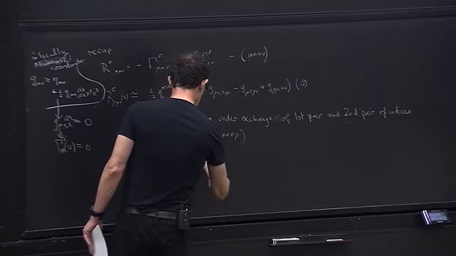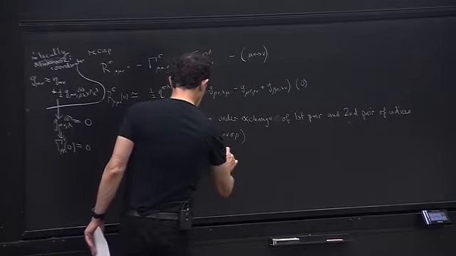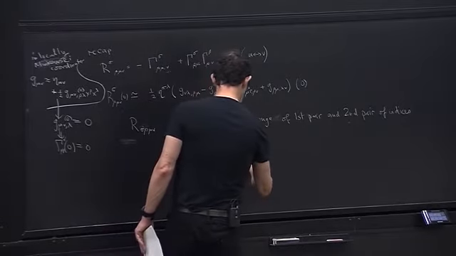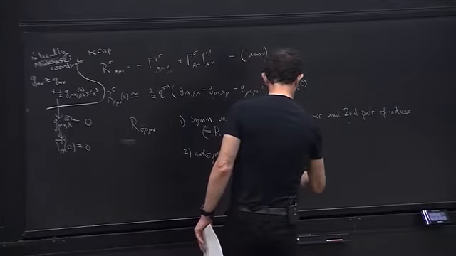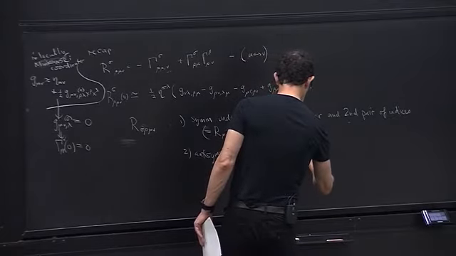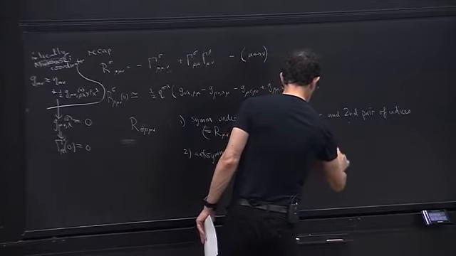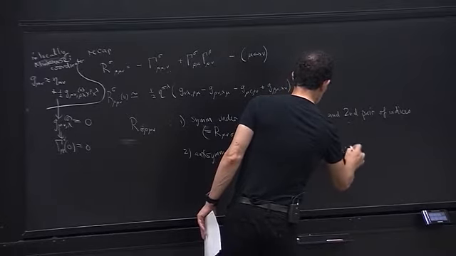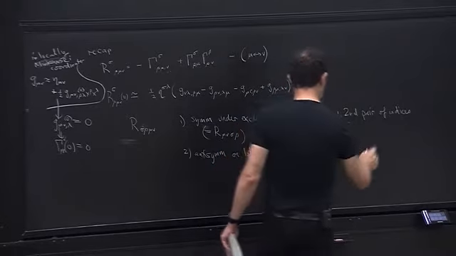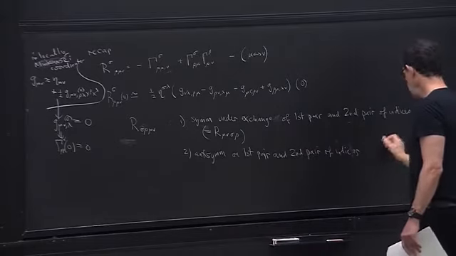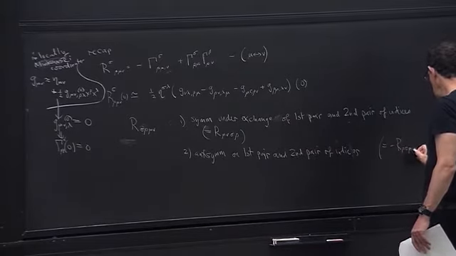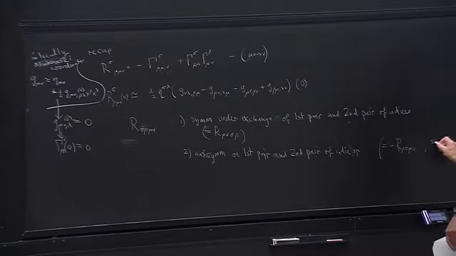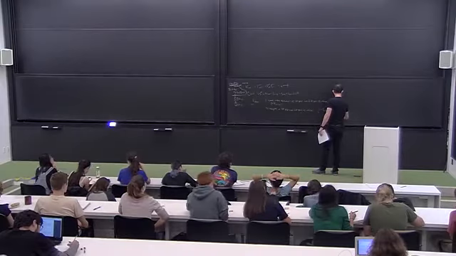Secondly, antisymmetric on the first pair and second pair of indices. So that just means it equals minus R rho sigma mu nu, and it also equals minus R sigma rho nu mu.